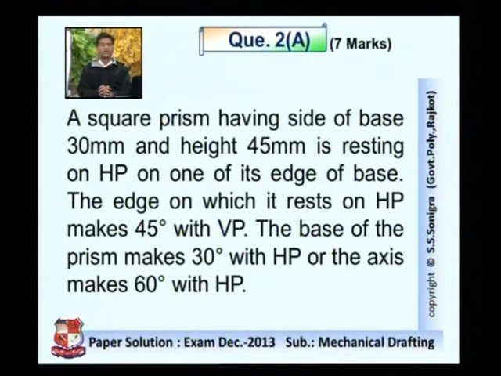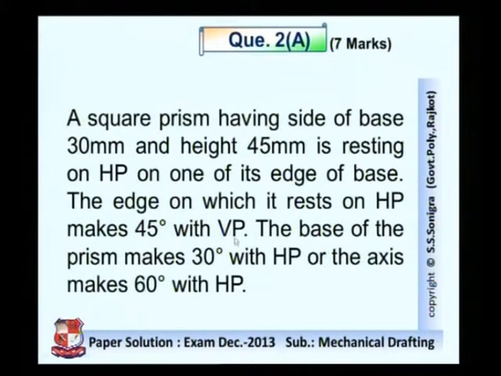So first we tilt this square prism with reference to HP, and then in the third step, we will tilt its top view at an angle of 45 degree with the XY line, which is given as 45 with VP. So we tilt its top view at an angle of 45 degree with the XY line and then take projections.